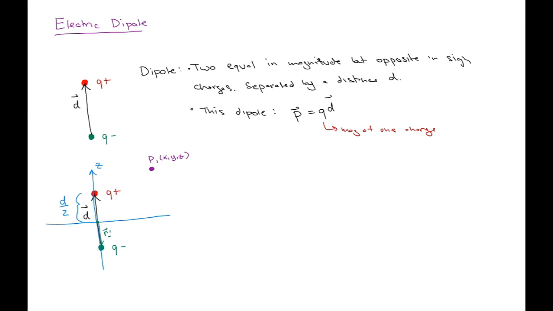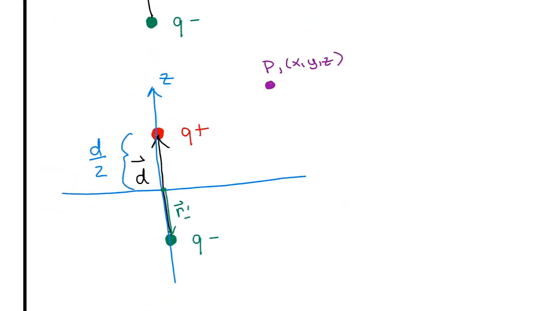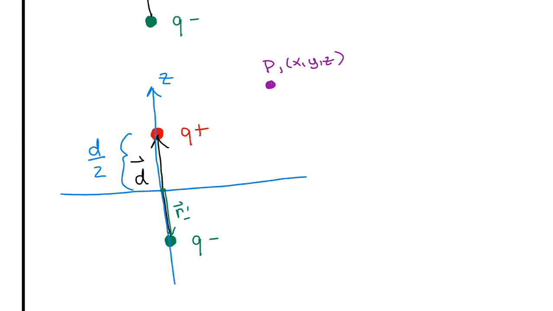Let me zoom in on this guy so I can do it a little better. I also need a position vector for my positive charge. If you were to do this, you might want to just get rid of that D vector to make it a little bit cleaner.